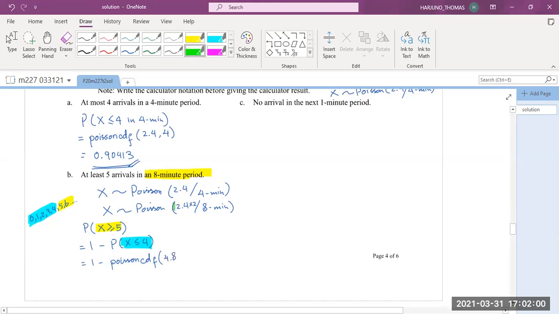That 4.8 comes from here. That's the average for 8 minutes, up to 4. So Poisson CDF, where 4.8 is the average or lambda, up to 4 successes. That's 1 minus 0.47626, which is 0.52374.